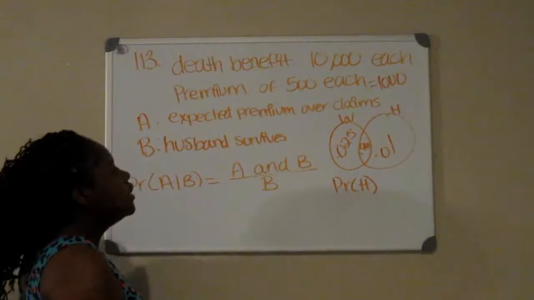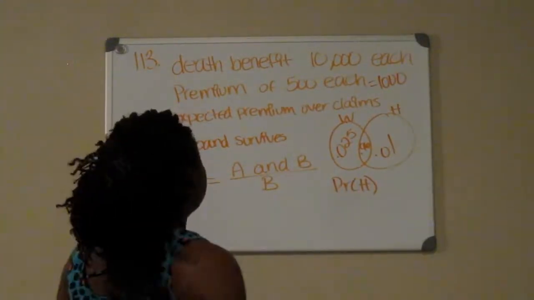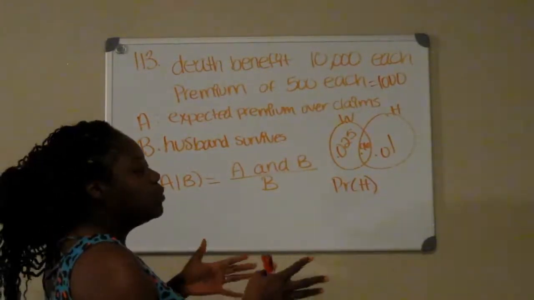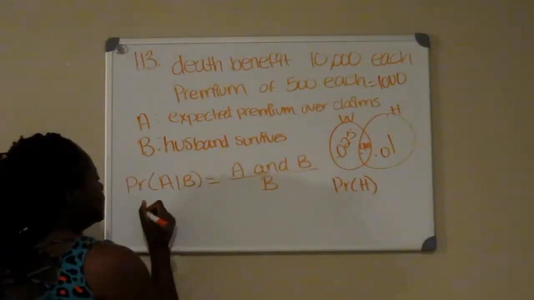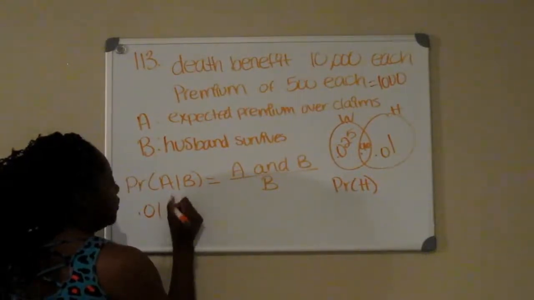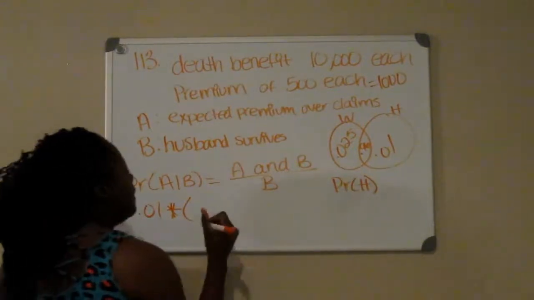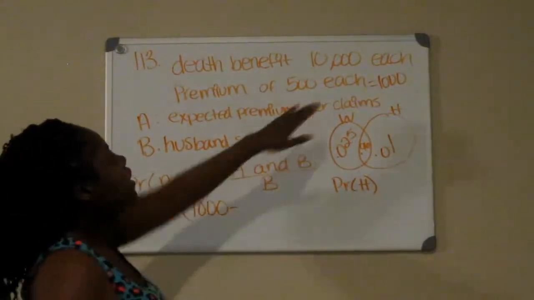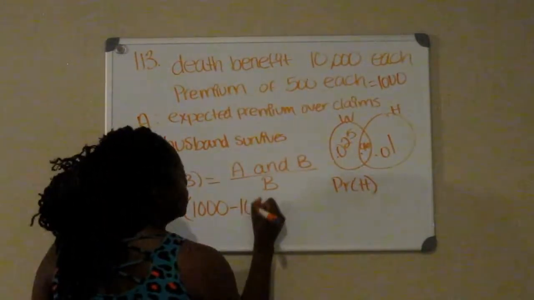Let's start with just the husband being alive after 10 years. What would they get paid if just the husband is alive? There's a 0.01 probability times what would they get paid? Well, they already paid the $1,000. This is your premium over claims. They would get a payment of $10,000 because somebody died.